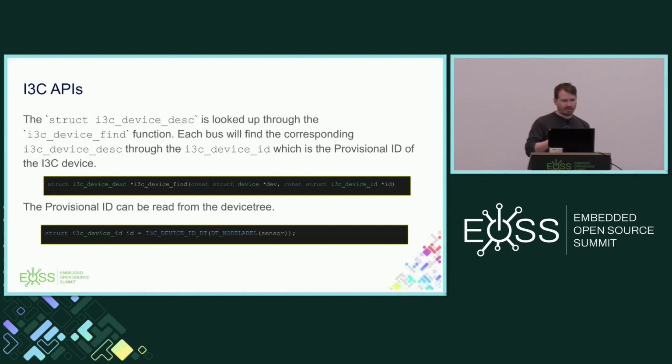You pass the bus device along with the device ID, and this device ID is just the PID, which you read from the device tree with the macro below. So you read that ID, you then pass it into this API here, and hopefully it's found. Otherwise, you'll get a null pointer for the I3C device descriptor.